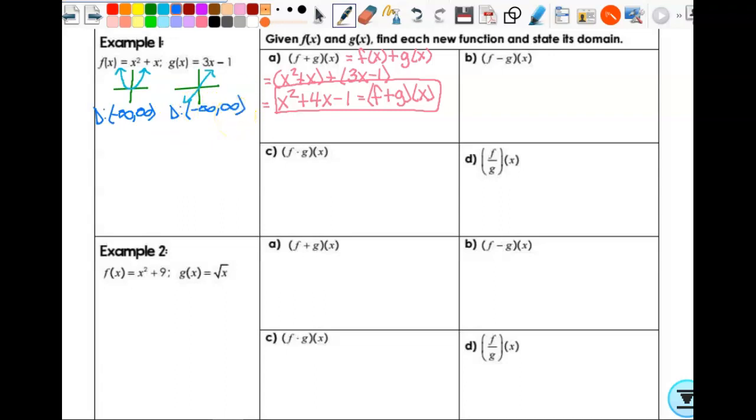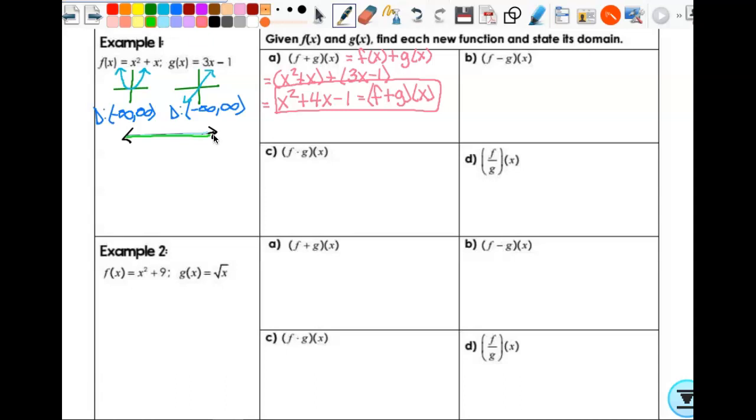So to figure out how this works, here's my number line, right? This domain is all real numbers. This domain is all real numbers. So what do they have in common? All real numbers, right? This intersection, because this one's the easiest, but it's what I think confuses people some, because they both include everything, so we include everything. It's just the way it works.